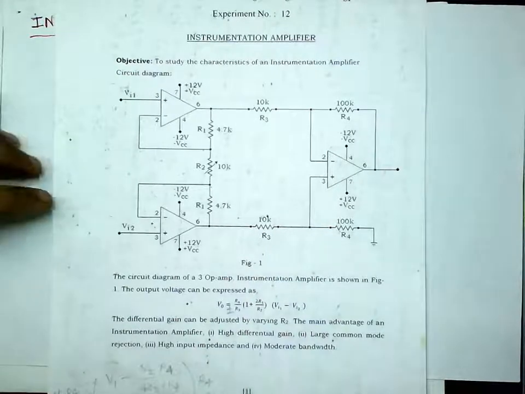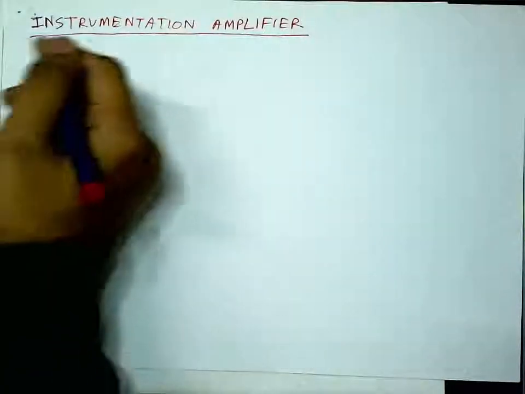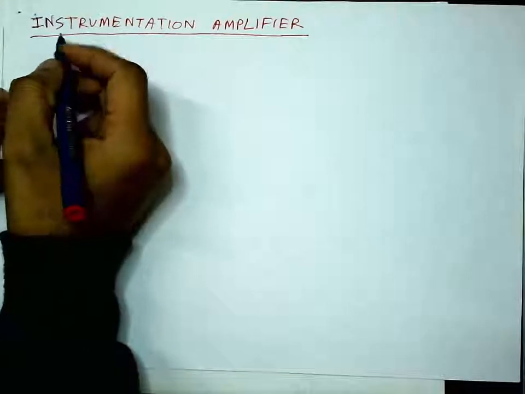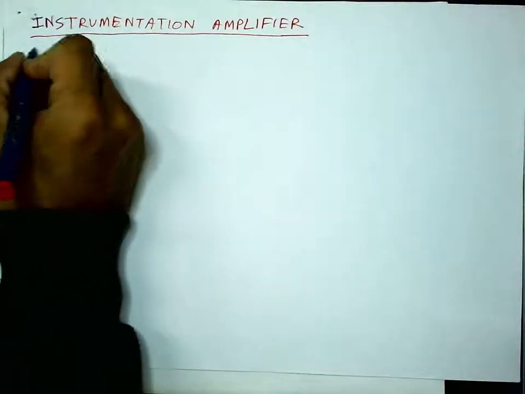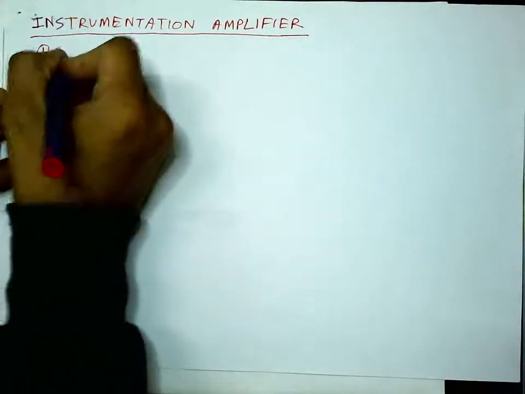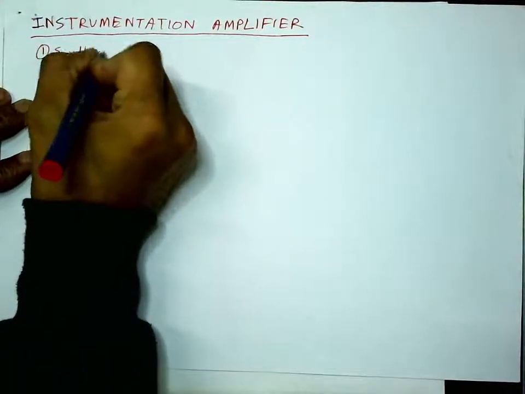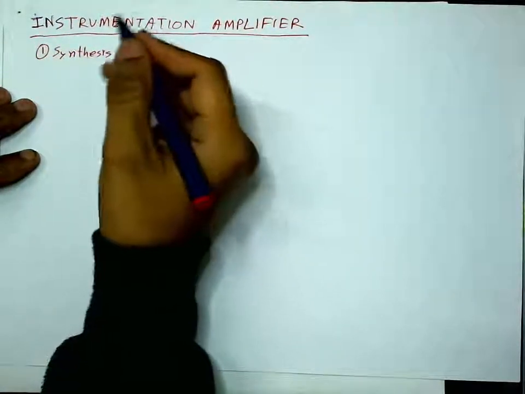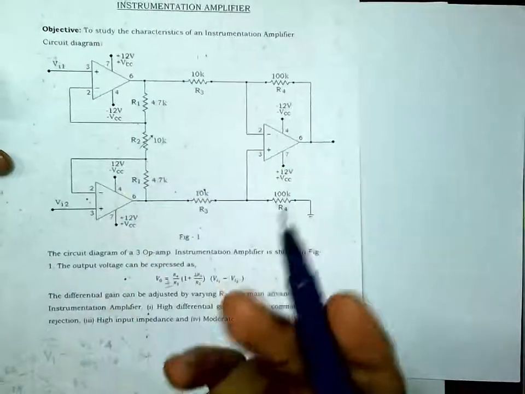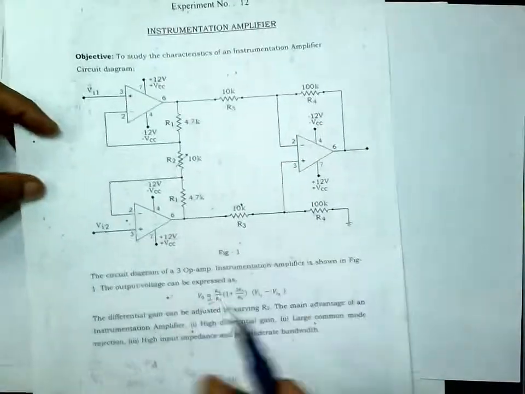Okay, we can talk about any circuit from two perspectives. One is the synthesis of the circuit, that is how to come up with such a complicated circuit. It's a nightmare to me.